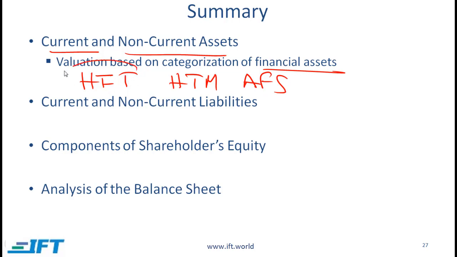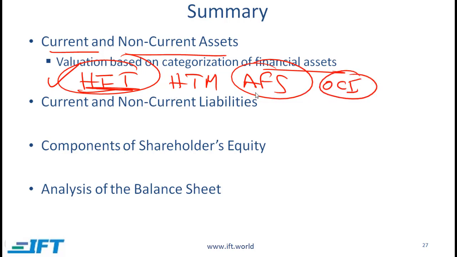For held for trading and AFS, the financial assets are shown at current fair value on the balance sheet. Unrealized gains are shown on the income statement for held for trading. Unrealized gains are shown as part of OCI in equity if the asset is classified as AFS. For held to maturity, unrealized gains are not recorded.